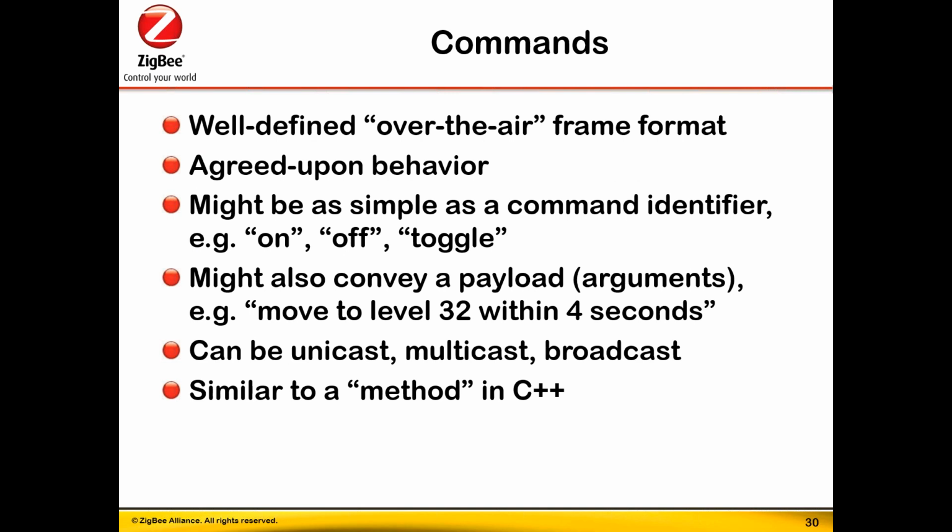So you could say, okay, move the brightness to level 32 within 4 seconds, and then you will have some smooth transition on your light. And you can not only send it to one device, but you can send it to a group, then you have it multicast, or you can send it to all devices as a broadcast. Next slide.